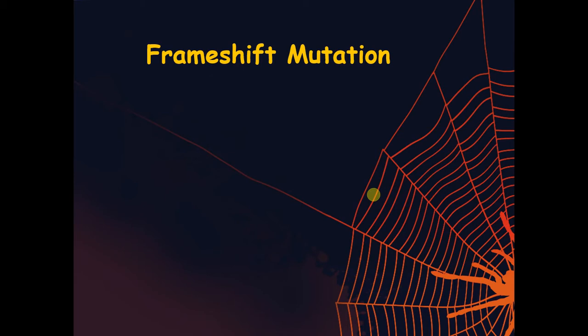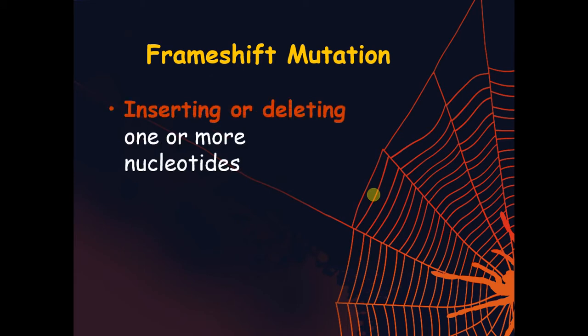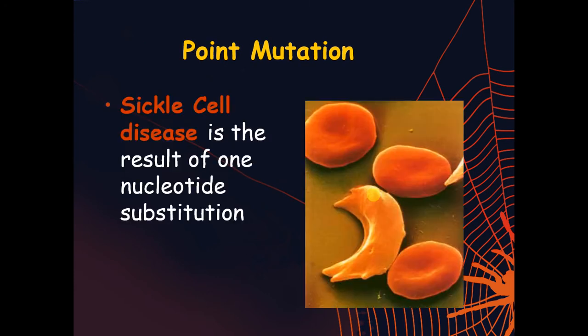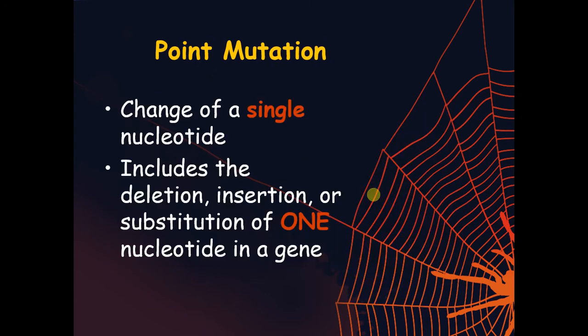Frameshift mutations, on the other hand, are the insertion or deletion of one or more nucleotides. So notice, what's the difference between these frameshift ones and these point mutations?